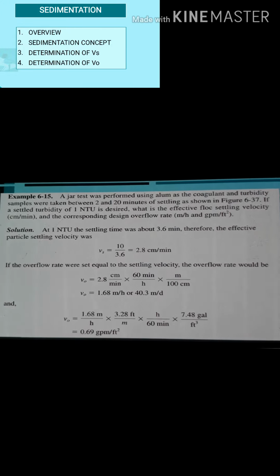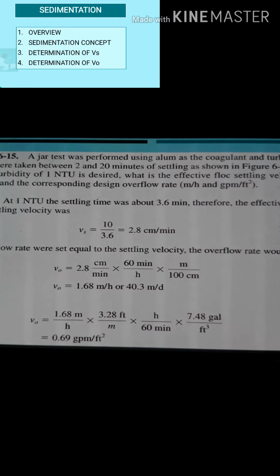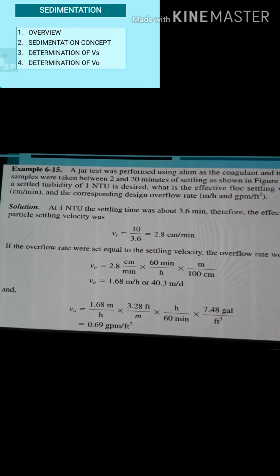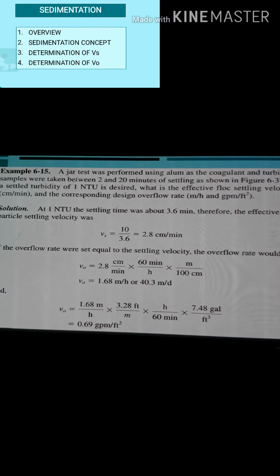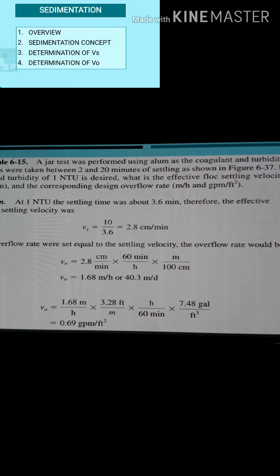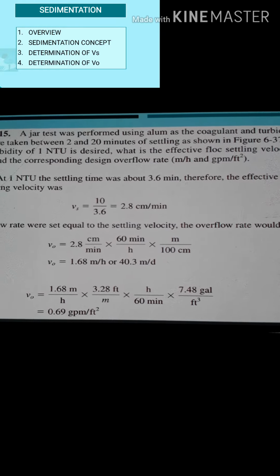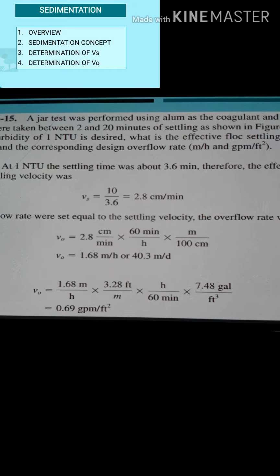If the overflow rate was set equal to the settling velocity, the overflow rate would be, so here, this is what I'm talking about. There are some problems where we need to set our overflow rate equal to our settling velocity. That's why Vs will help us to find the Vo. To find Vo, we just need to use some conversion factor in order for us to arrive at the required unit for our Vo.